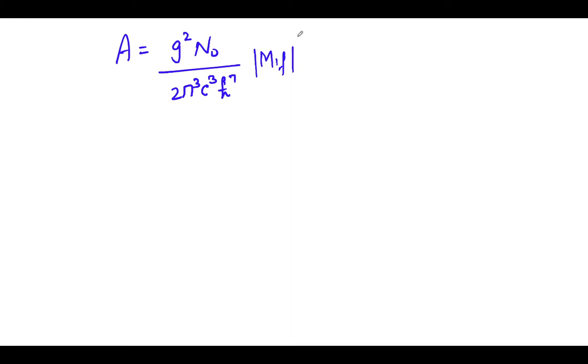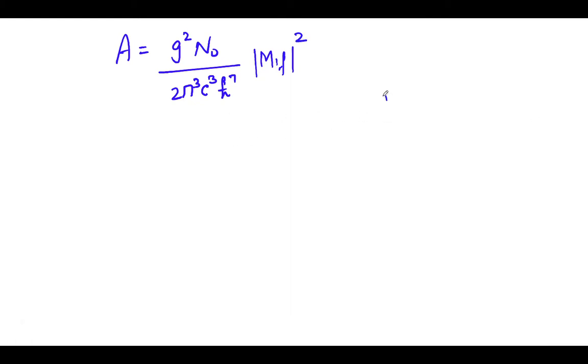So this term A is dependent upon the matrix element, and we can rewrite it: A is g square n naught over 2 pi cube c cube h bar 7, into the matrix element squared.